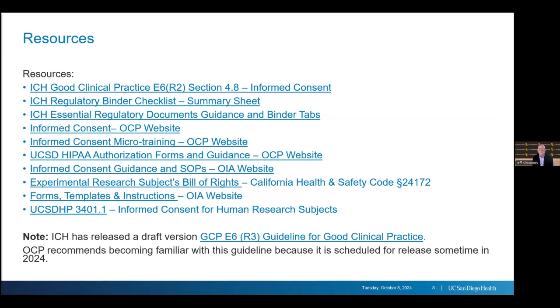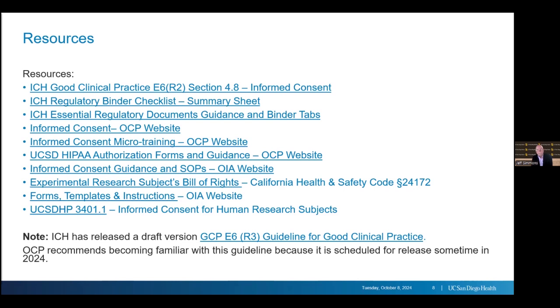Really good sources of information, especially I think for Casey's group. They provide a lot of good information about consent and consent processes, forms, templates, a lot of questions. And then our site also does provide good guidance. So be sure to look at those links if you haven't.